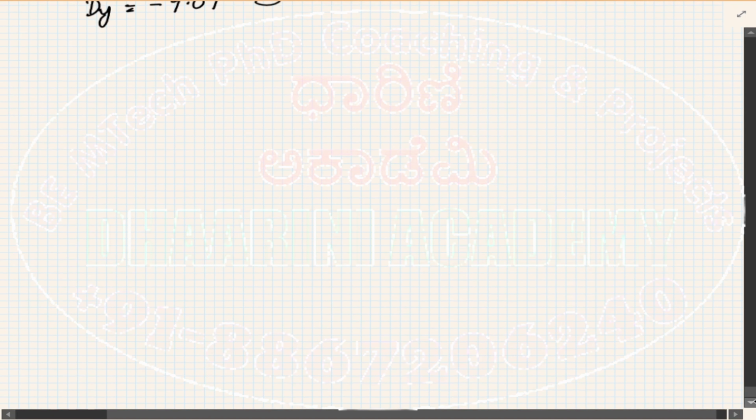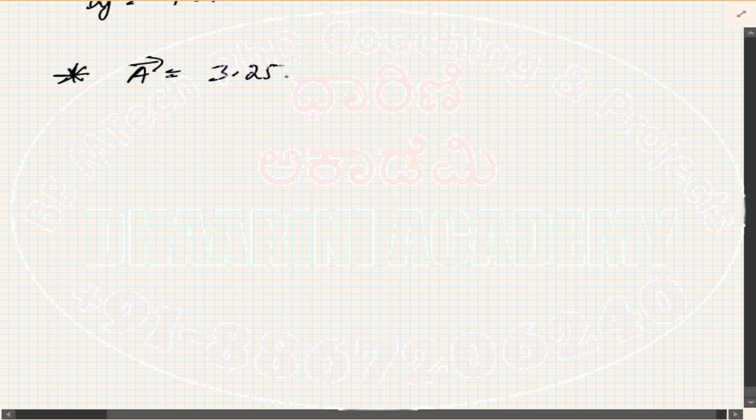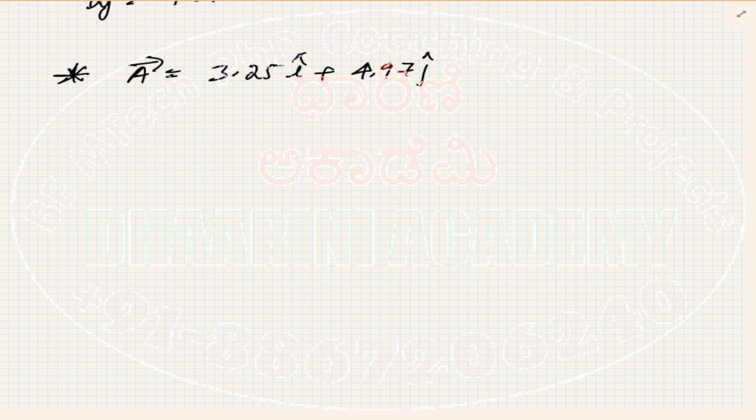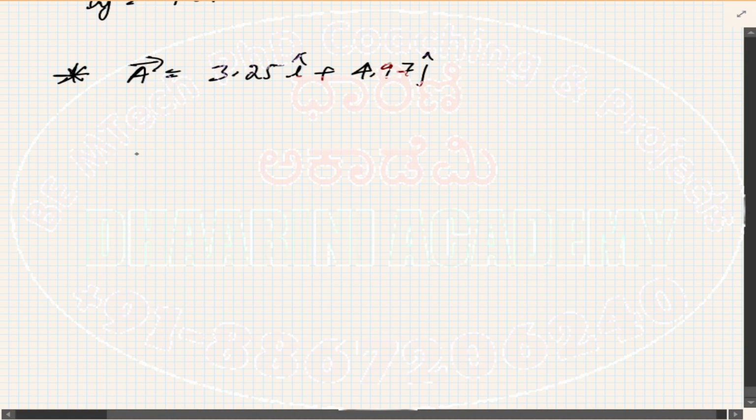For example, if a vector is given in the following fashion, vector A is equal to 3.25 i cap plus 4.97 j cap, then I need to find its magnitude, and I need to find the theta somehow. So this is the method.